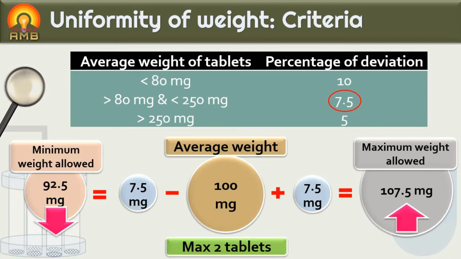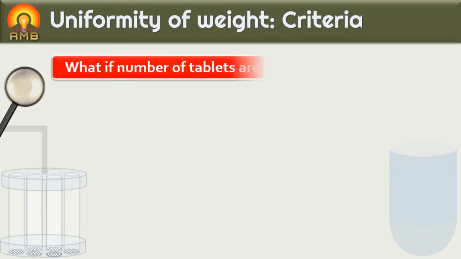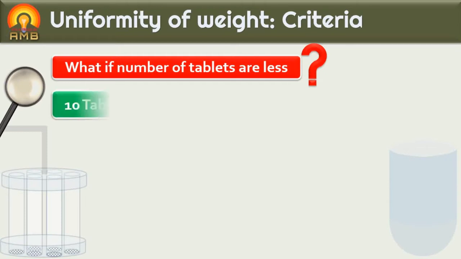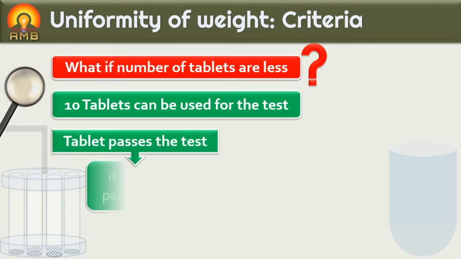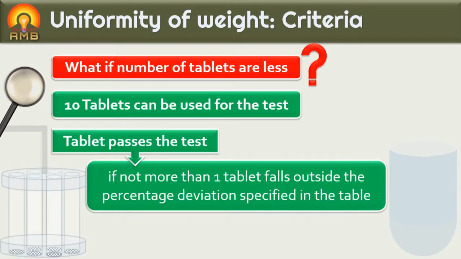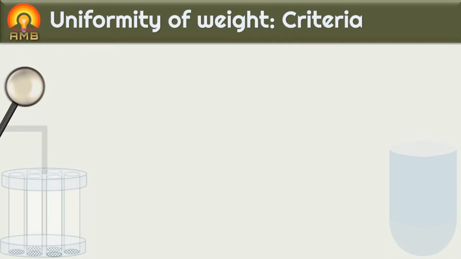If the number of tablets is less, then instead of 20 tablets, 10 tablets can be used for the test. In this case, the tablets pass the test if not more than one tablet falls outside the percentage deviation specified in the table.